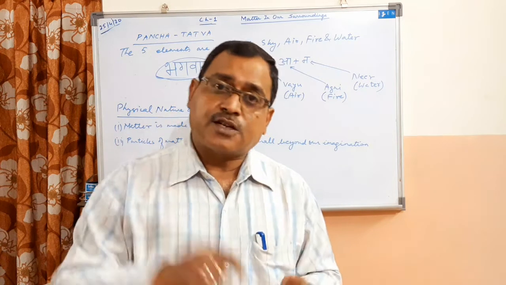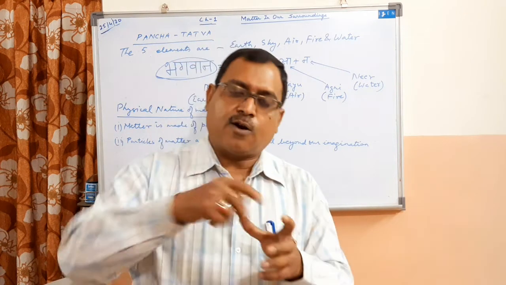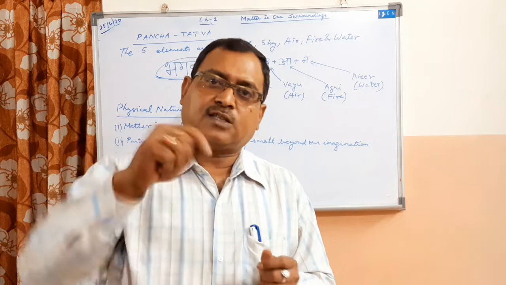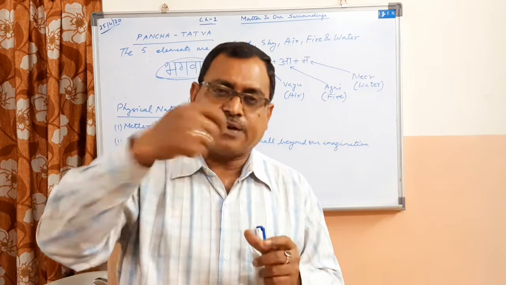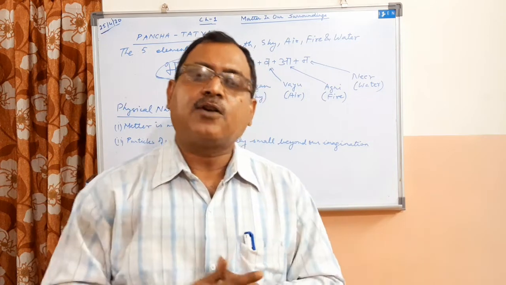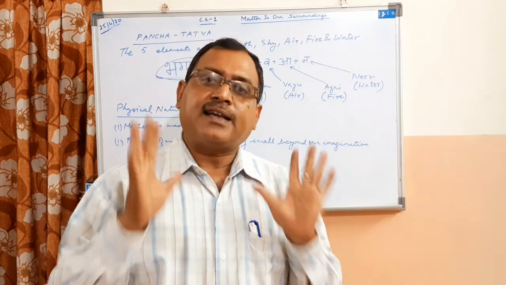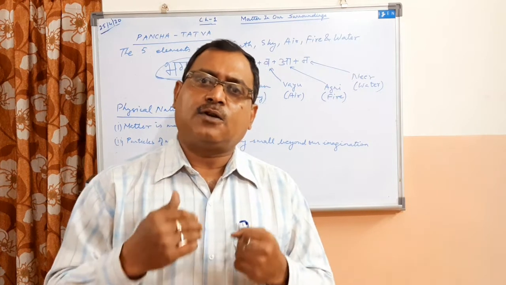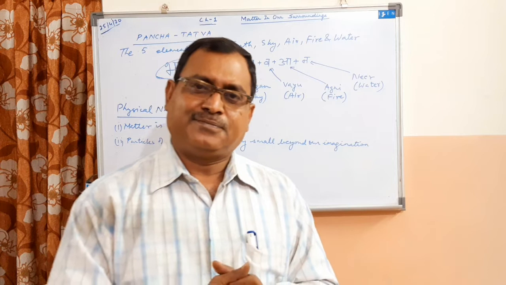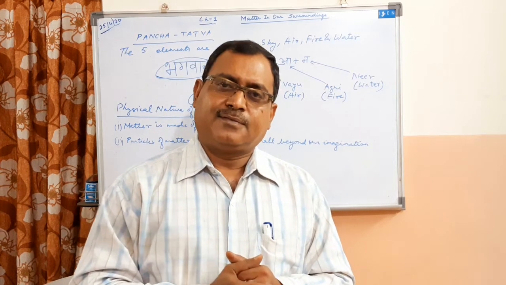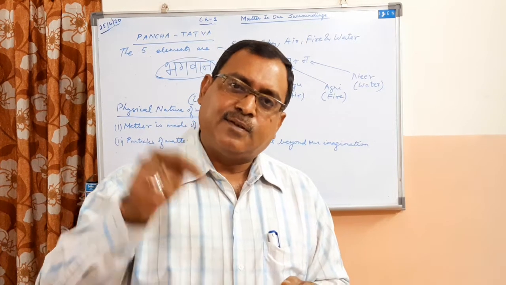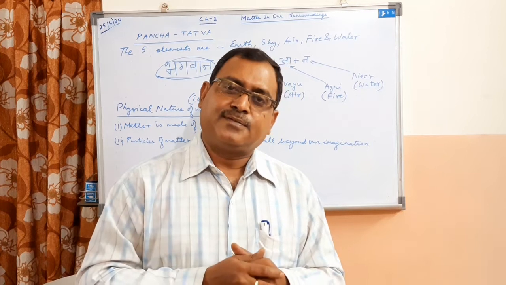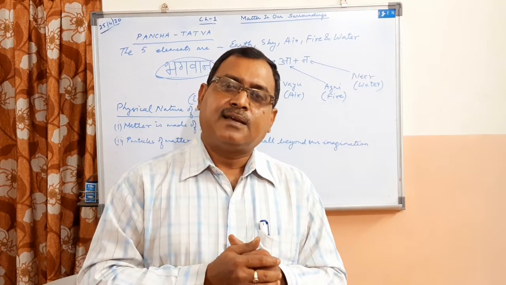All of you prepare sharbat. In water you add sugar, you add a pinch of salt, and then you stir it nicely. After some time, what do you see? That both have vanished. Salt has vanished, sugar has vanished. Where has it gone? It is there in that solution. Why has it happened?